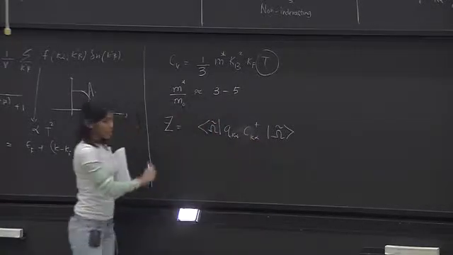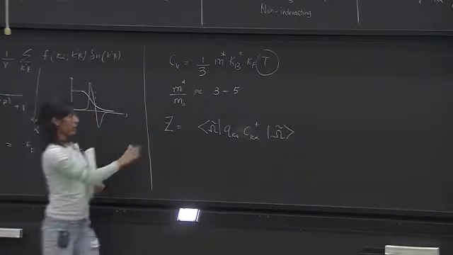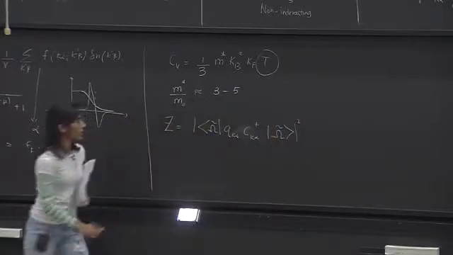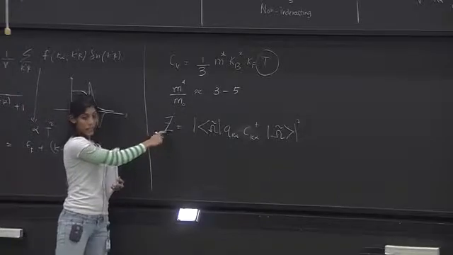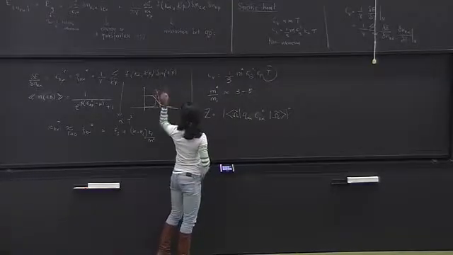There was this overlap that we wrote down yesterday. We called this quantity Z, and we said that it was bigger than 0 and less than 1, and that this is a non-trivial fact of Fermi liquid theory.